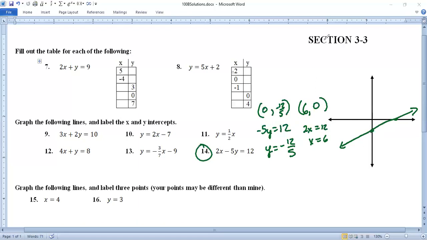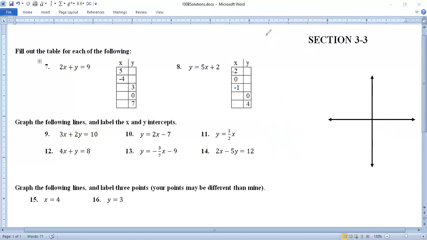Excellent. Next one, let's go down to number 15. X equals 4. Now, if you recall on this, without the y, it sometimes throws you off and you're like, what is going on? But if you make sure that x is 4, then y gets to be anything you want.